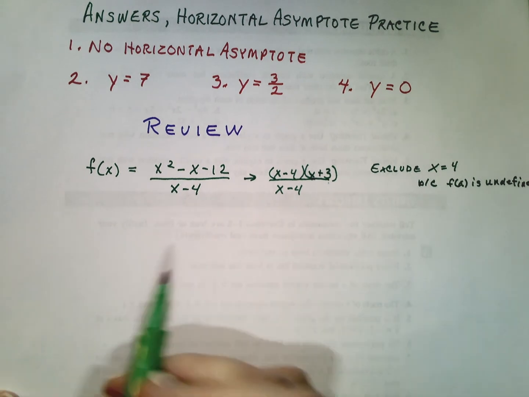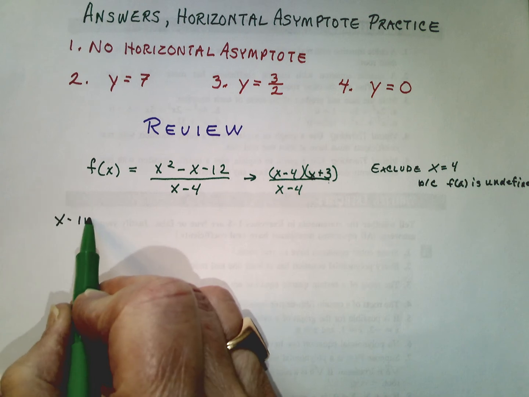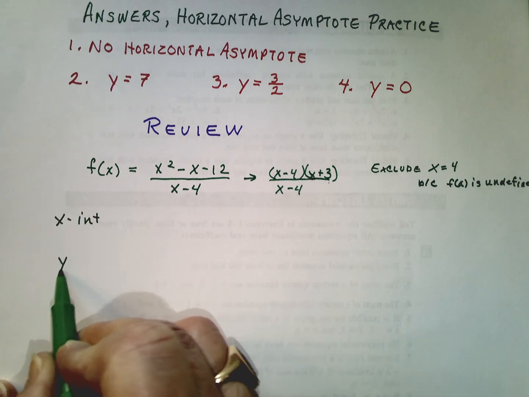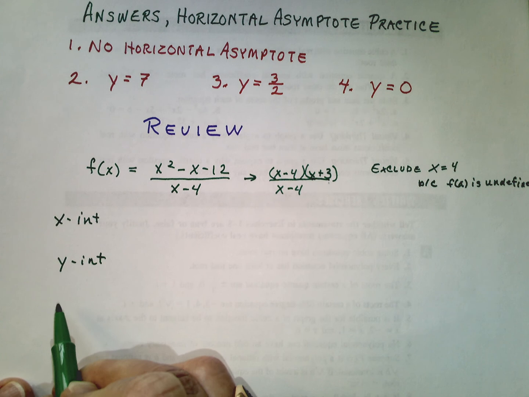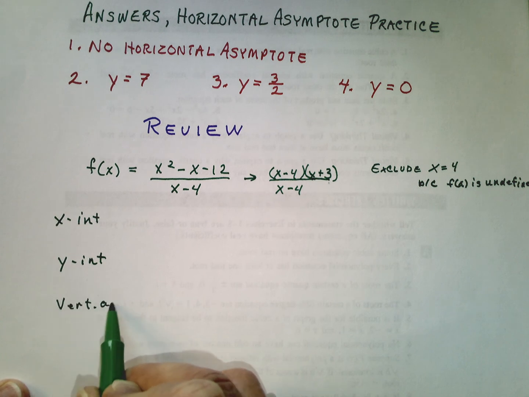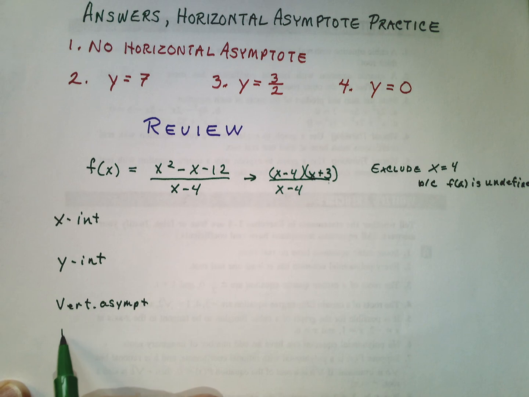Alrighty, so we want to be able to find the x-intercepts, y-intercepts, and these two will probably do together. The vertical asymptote, any holes in the graph, and finally the horizontal asymptote.